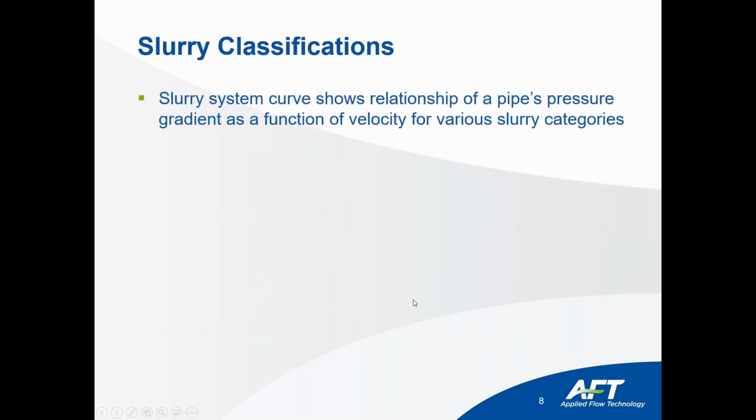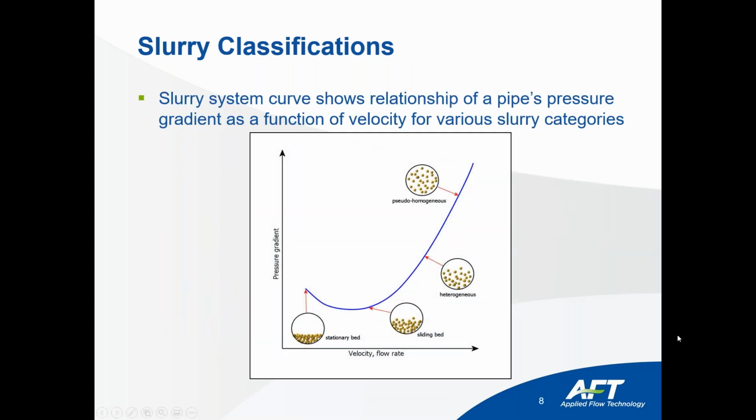And now we're going to see what those look like here on a slurry system curve. So if we were to look at a slurry system curve with our pressure gradient as a function of velocity or flow rate, we have the same categories I already talked about, except for the first one. The homogeneous category is way out up here.